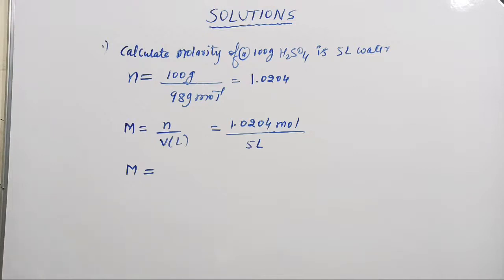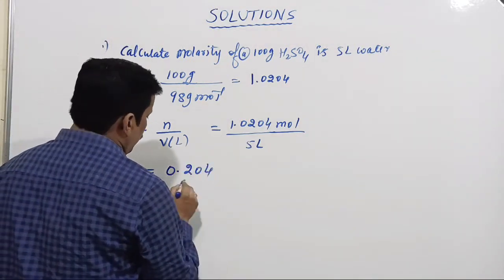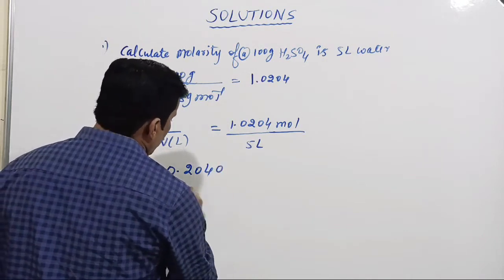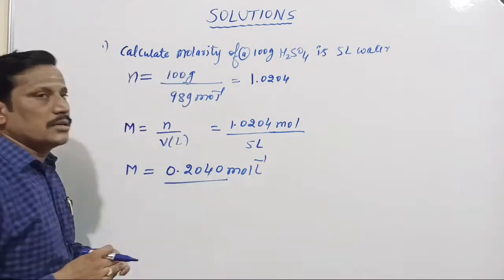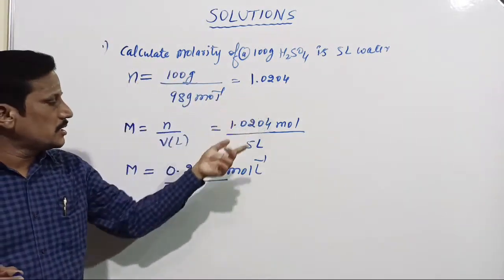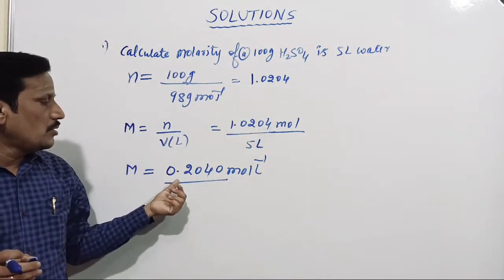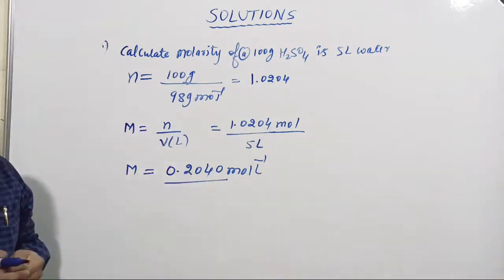You don't take that 08, just write 0.204, enough. 4 digits. Mole per liter. So what I did, the number of moles is calculated with 4 digits, then we get 0.204. 0.204 is the right answer.